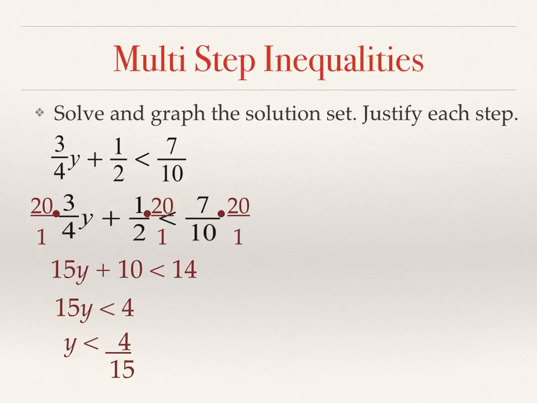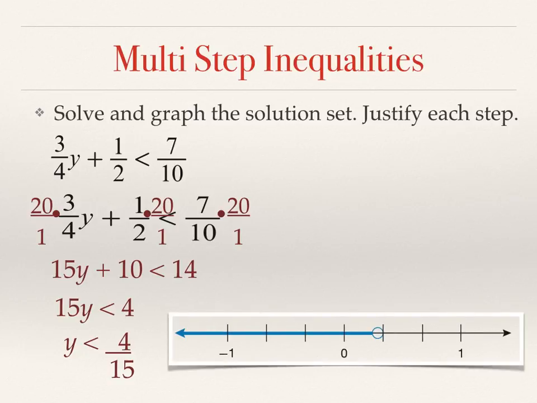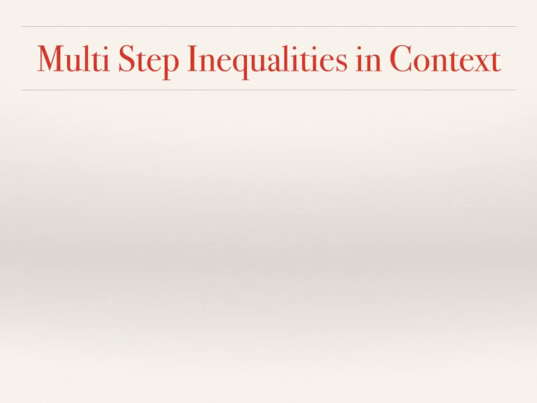But it's a little bit less than a third, because a third would be 5/15. We want y is less than 4/15. Okay, so that was with fractions. Again, our strategy is going to be to clear the fractions so that instead of dealing with the denominators, we end up with integers.